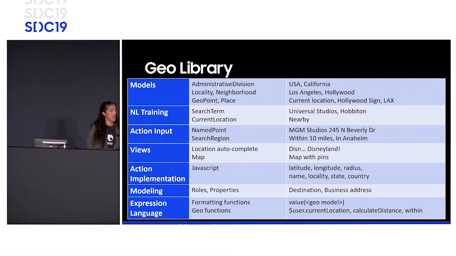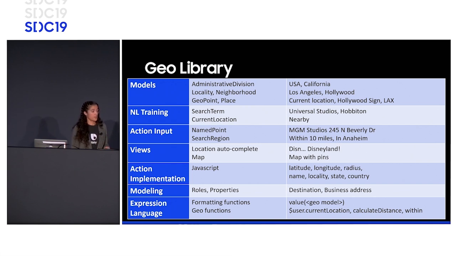The views provide, as you'd expect, a map widget that you can draw pins on. There's also an autocomplete widget that allows the user to start typing an address and then provide suggestions that would match it. In terms of action implementation, just vanilla JavaScript should be all you need, and the properties you'll probably want to access are either latitude, longitude, radius, or the name for that concept, for that resolved geo entity.